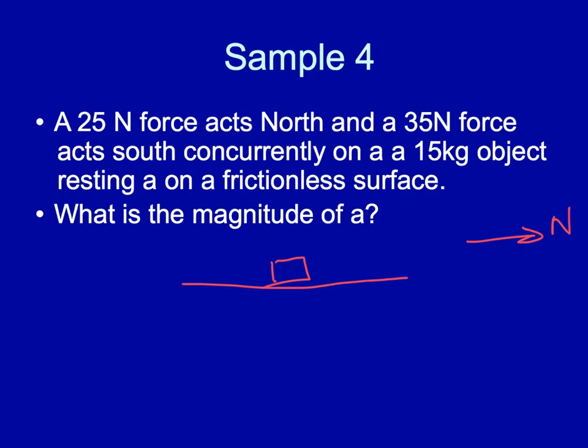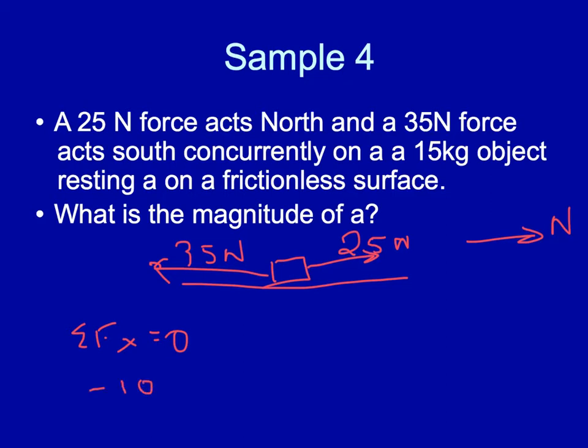Now, when I look at it, the object is constrained to move only in the x direction. The sum of the forces in the x direction, if this is north, I have 25 newtons going this way, and I have 35 going this way. Notice how I drew my 35 Newton vector longer than my 25 Newton vector. So what I have is negative 10 newtons.